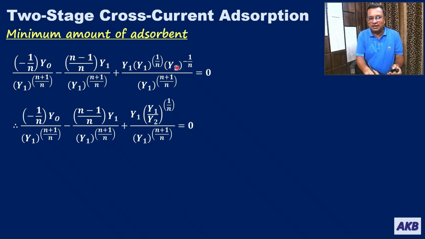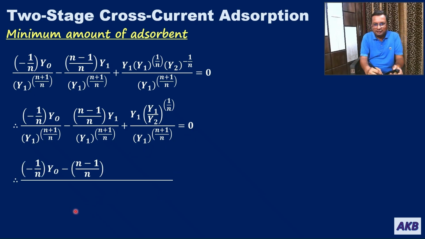So if capital Y2 comes in the denominator, the power will become positive 1/n, and then since both the terms have the same power, I can write this equation. So it is plus Y1 into (capital Y1 by capital Y2) raised to 1/n divided by capital Y1 raised to (n plus 1)/n, that is equal to 0.